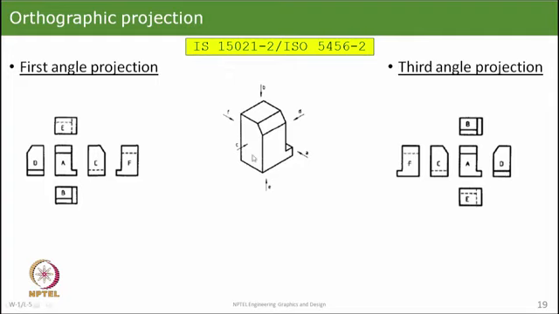What you saw from C is placed on the left side. So, what you see from the right side is placed on the right, what you saw from the left side is placed on the left, what you saw from the top is placed on the top, and what you saw from the bottom is placed on the bottom. That is third angle projection.